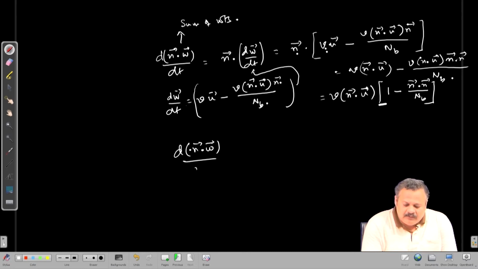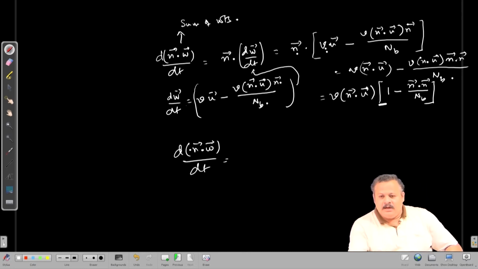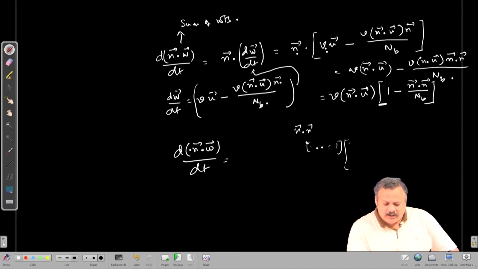So, what is our d n dot w? That is the sum of the weights coming out to be. Here, as you see, if we multiply n with n dot n, we are essentially having 1 1 1, this vector multiplied by 1 1 1, this vector. So, it is basically the sum of n b 1s.